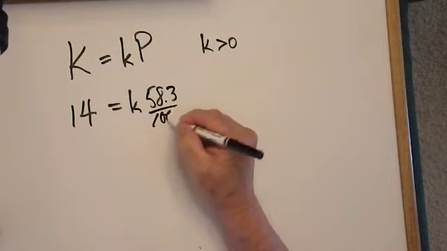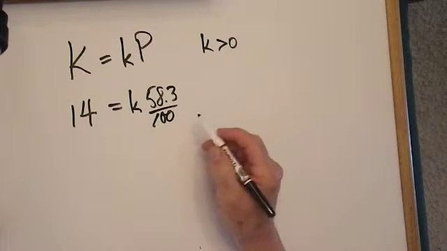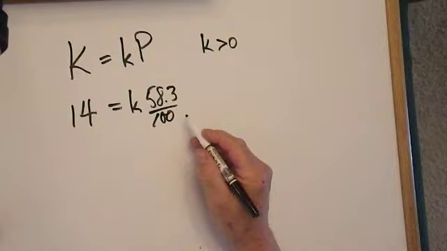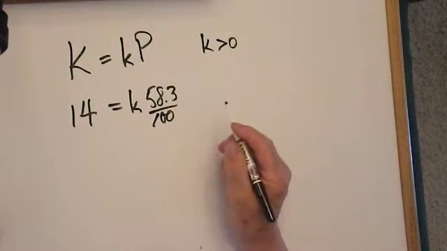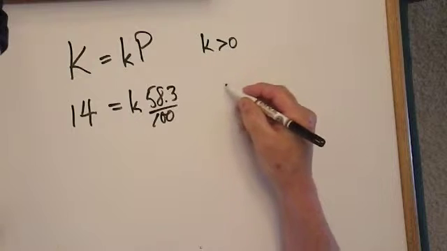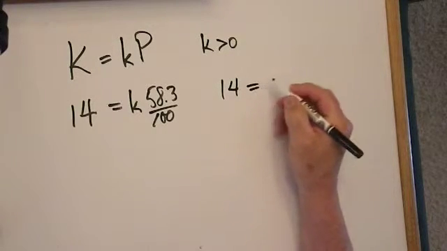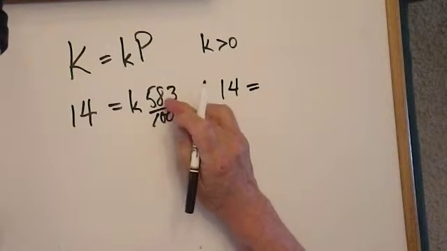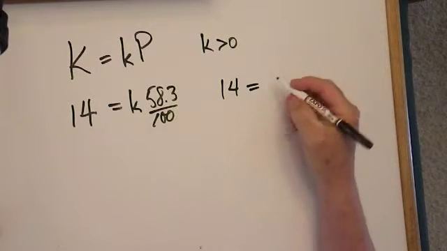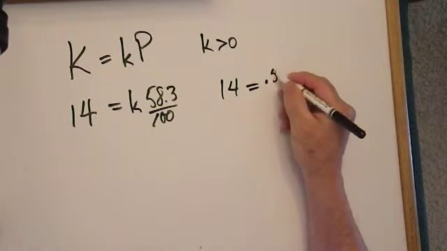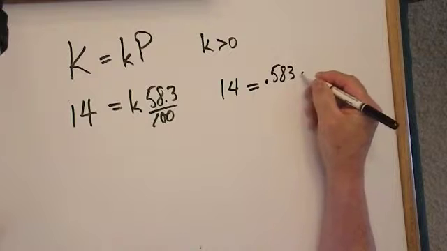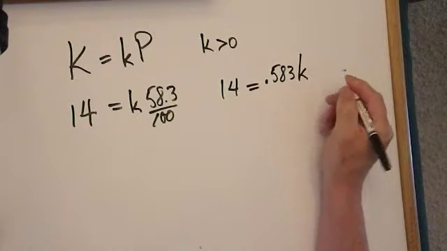Percent means over 100, so we can redo that as 14 equals 0.583 times that lowercase k.